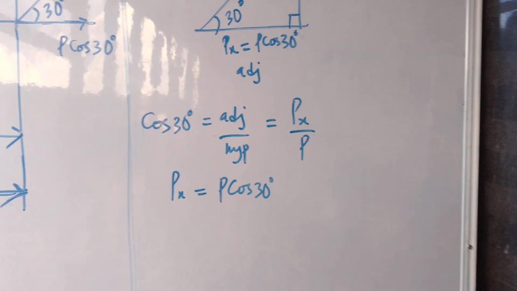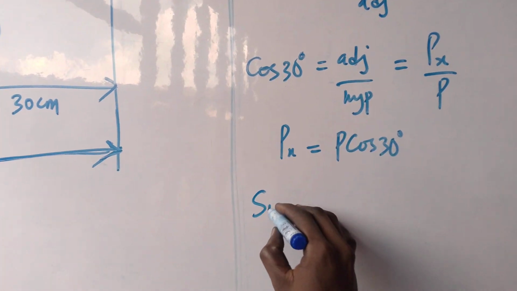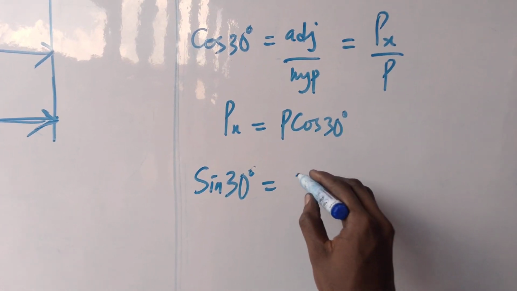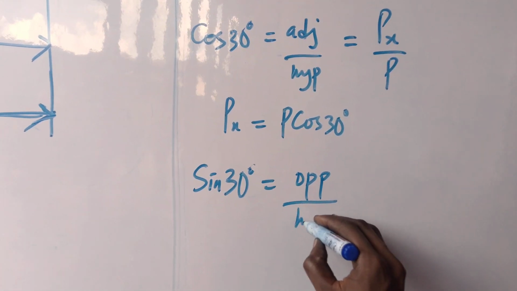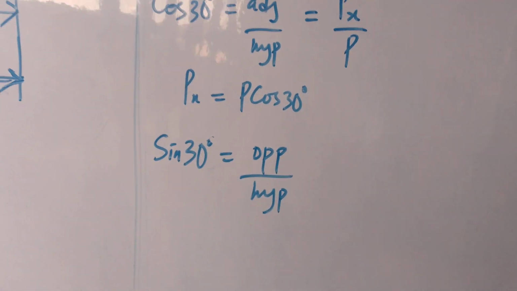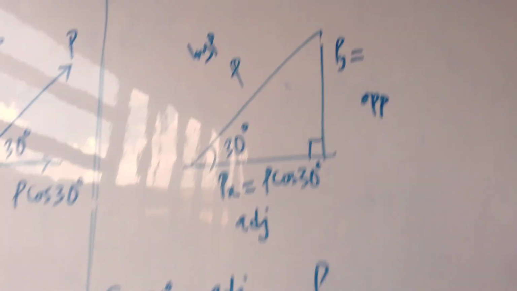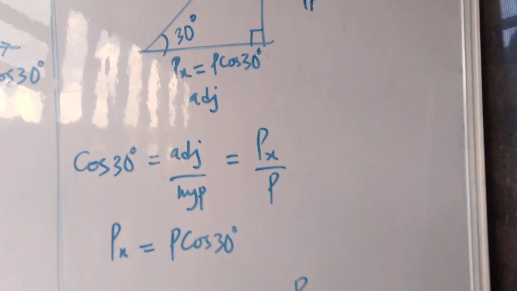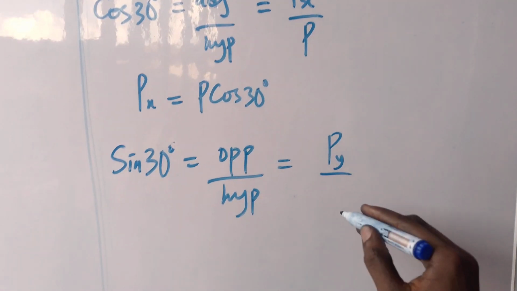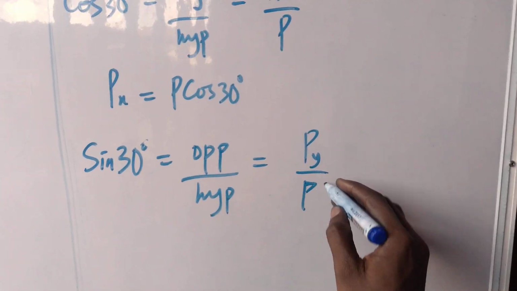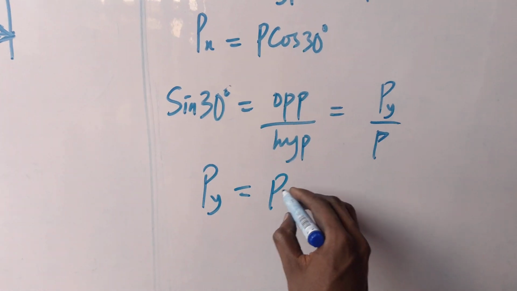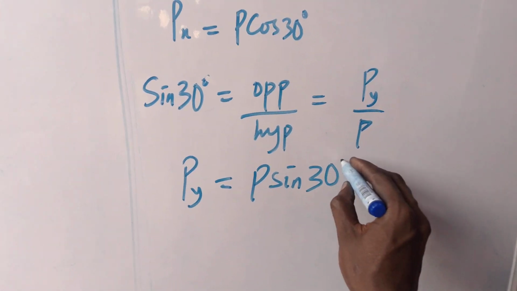Then look for sine. Sine 30 degrees is equal to the opposite side divided by the hypotenuse, and the opposite there is Py. The hypotenuse is P. So if I make Py the subject of the formula, cross multiplying, Py will be equal to P sine 30 degrees.